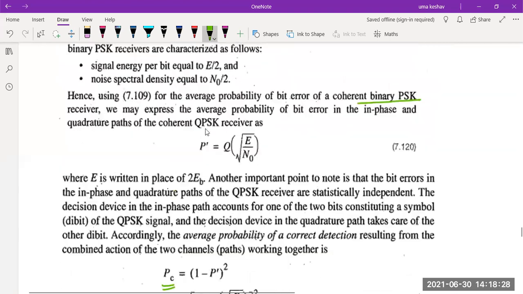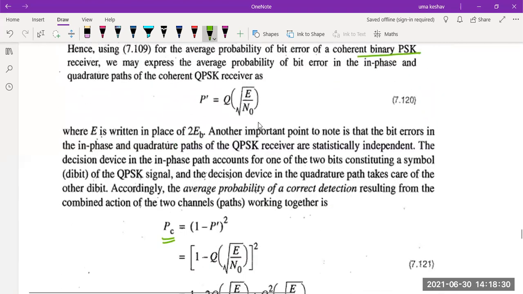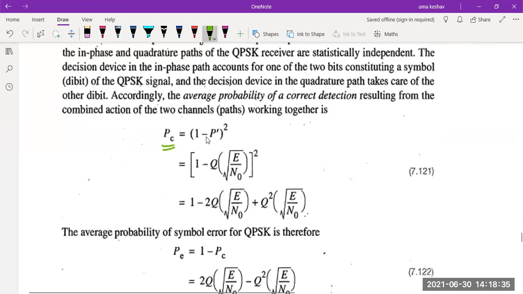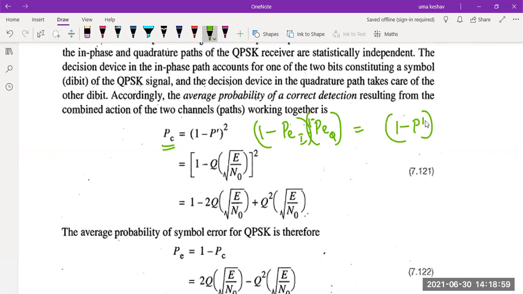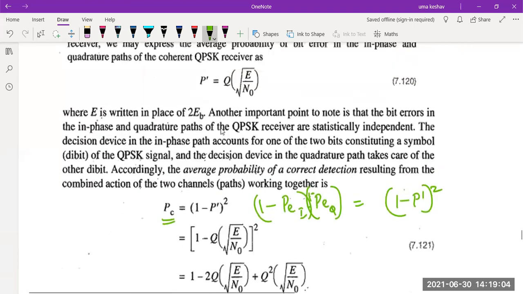This P dash represents the probability of error in each phase. In-phase and quadrature phase both will have the same probability of error. The correct detection will be 1 minus the probability of error in the in-phase channel times 1 minus the probability of error in the quadrature phase channel, or a total of 1 minus the probability of error, the whole square, because PEI and PEQ are equal.